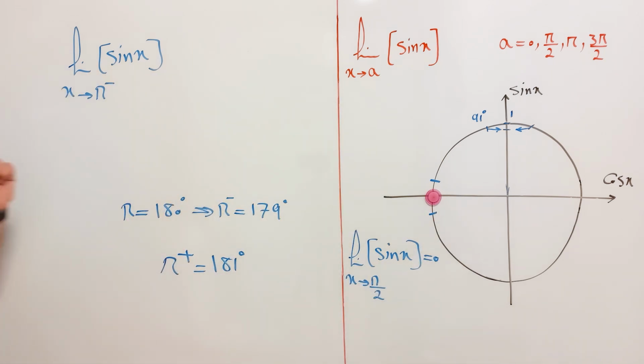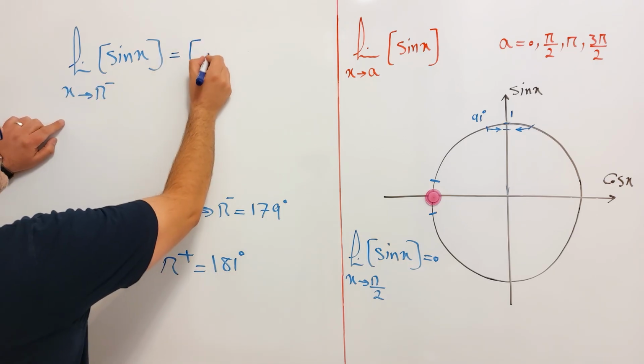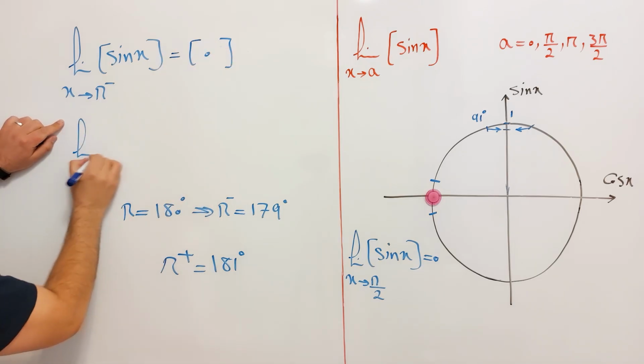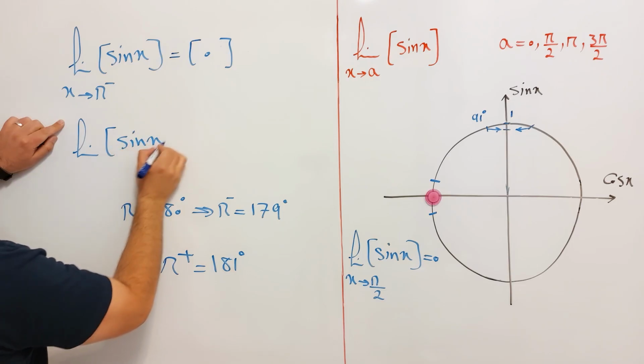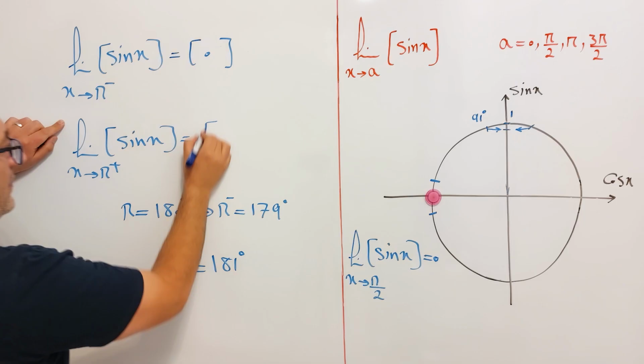So we know that sine of pi is equal to 0, and the limit of the floor of sine of x as x approaches pi from the right.